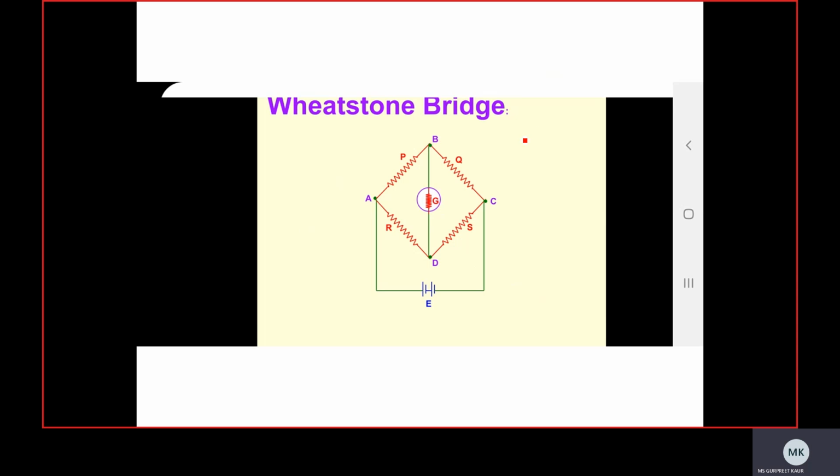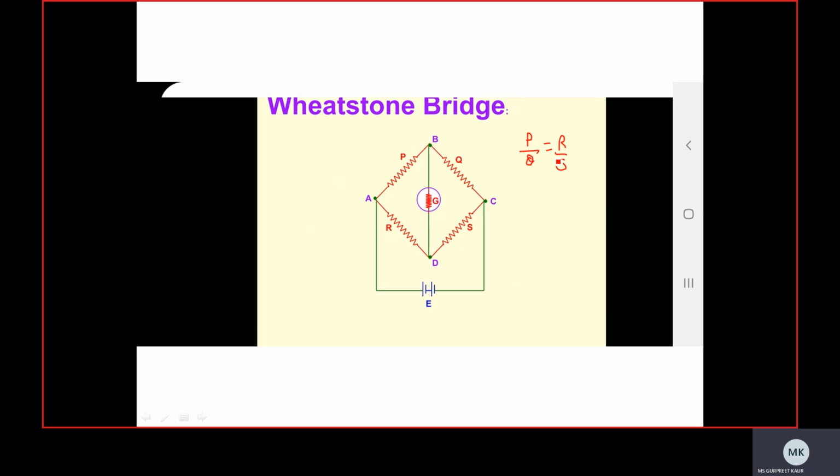So we will be deriving this expression for the balanced Wheatstone bridge. These resistances will follow this relation: P by Q is equal to R by S. So when the bridge is balanced, we can apply this condition P by Q is equal to R by S. Out of these four resistances, one will be unknown. The rest three resistances are known to us.